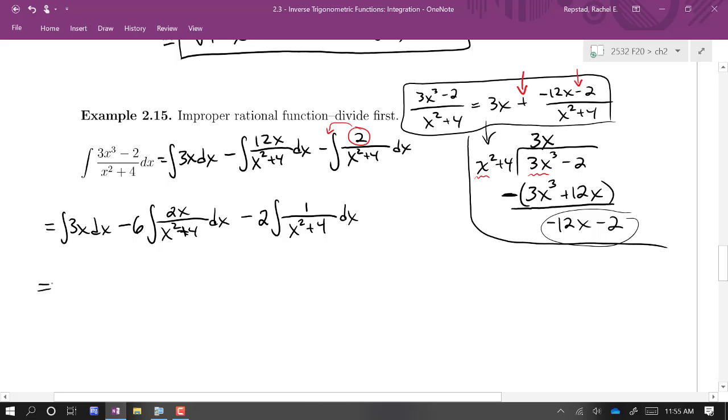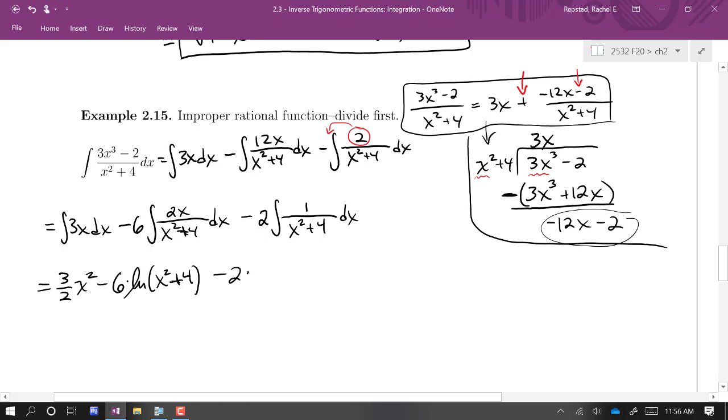Now I'm going to integrate everything. The integral of 3x using the power rule is 3/2 x squared, minus 6 times this middle integral. That's a log form, so this is ln of x squared plus 4. Usually we'd say absolute value of the denominator, but x squared plus 4 is always positive, so I'm going to leave off the absolute values.